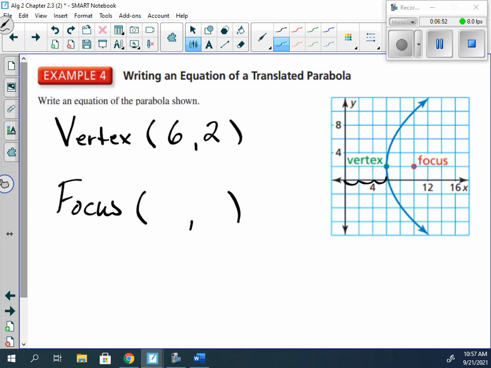Even though it goes 3 over, each one is a distance of 2, so it's going 2, 4, 6. And again, they're going by 2's on the y-axis: 2, 4, 6, 8. So this point here is (6, 2). If this is 6, 7, 8, 10, the focus is (10, 2).